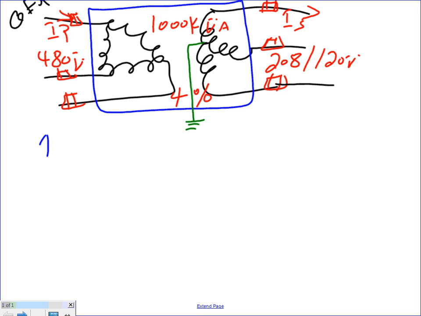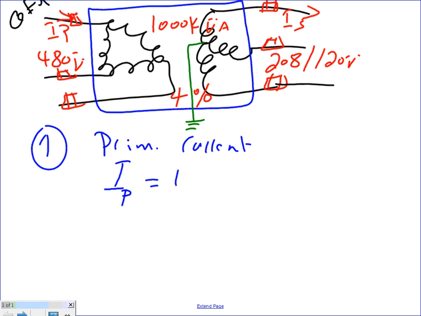Number 1, the first thing we need to find is, guys, the primary current. I need to find the primary current for this baby. If you guys remember before the holidays, I primary equals the kVA of the system, which is 1,000 k, divided by 1.73 multiplied by the voltage on the primary side, and that will get you a healthy 1204 amps.